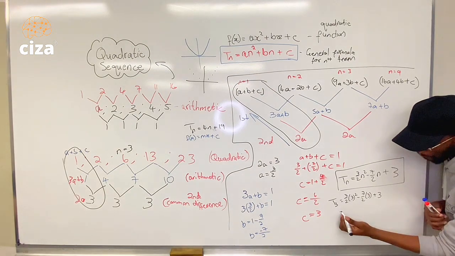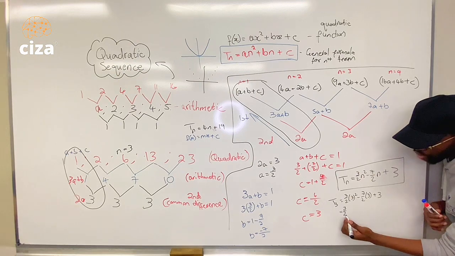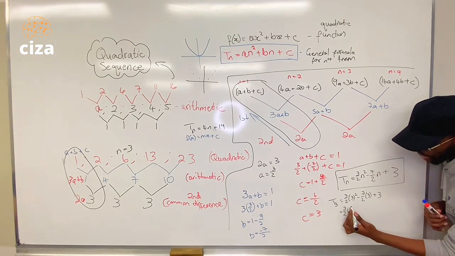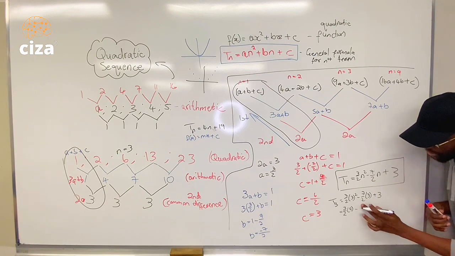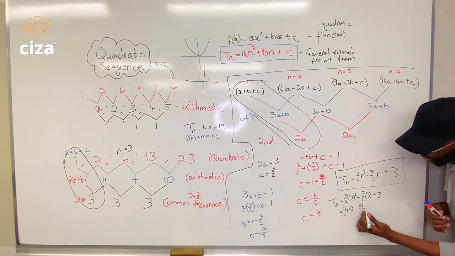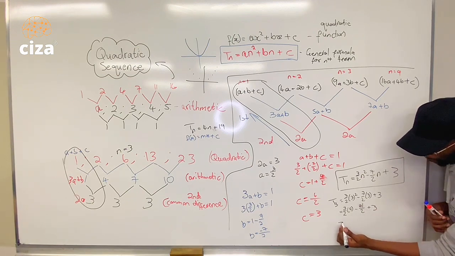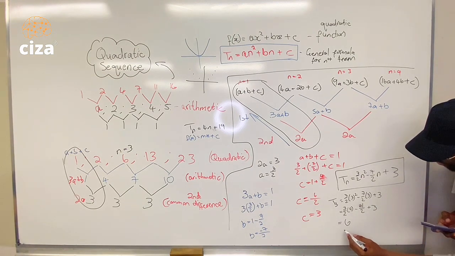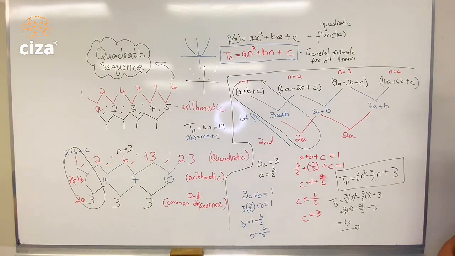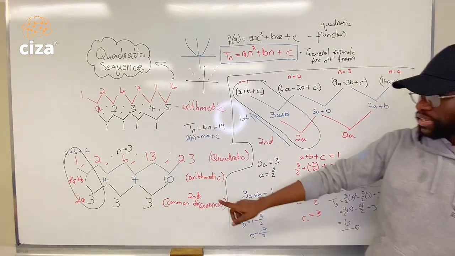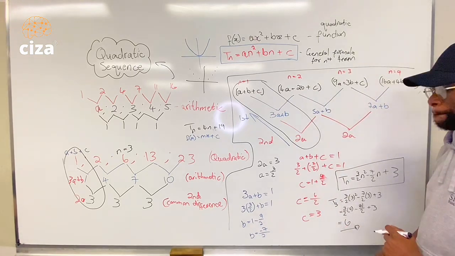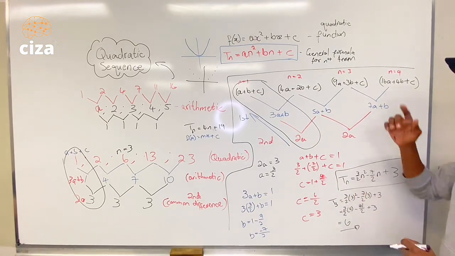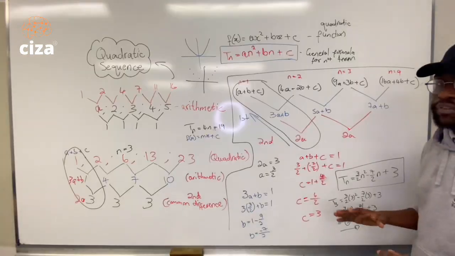Let's simplify. Well, 3 over 2 times 9, minus 7 times 3 is 21, over 2, plus 3, which is 6. And we see that term 3 is equal to 3. So that's how you find the general formula for the nth term.